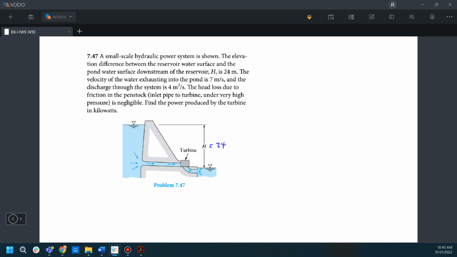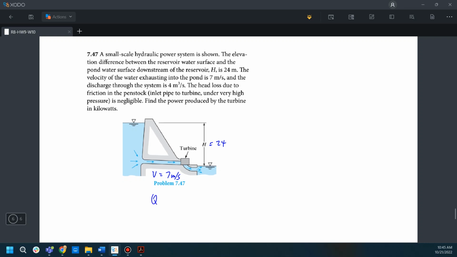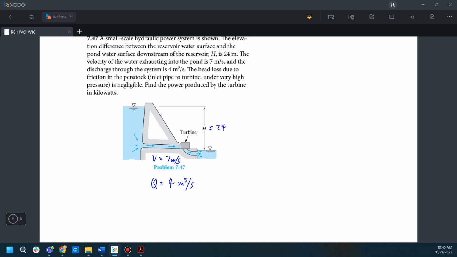The velocity of the water exhausting from the pump is 7 meters per second, and the discharge through the system is 4 cubic meters per second. The head loss due to the friction in the penstock is negligible. Find the power produced by the turbine in kilowatts.